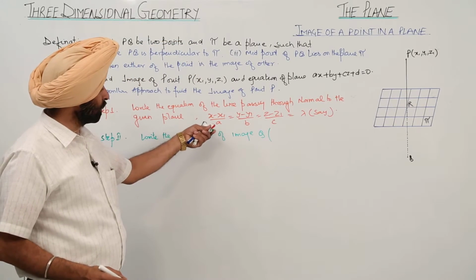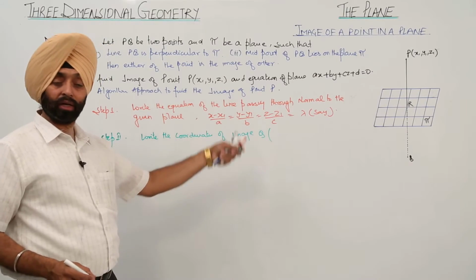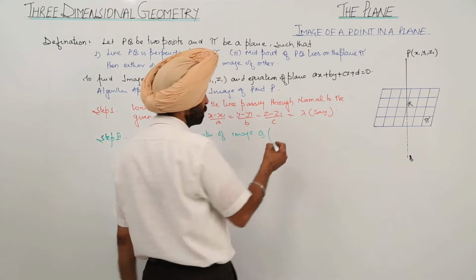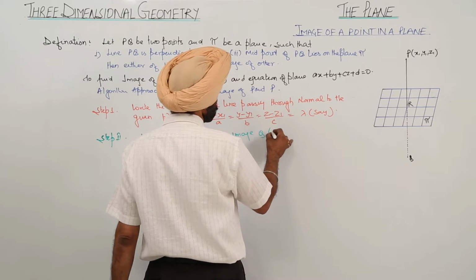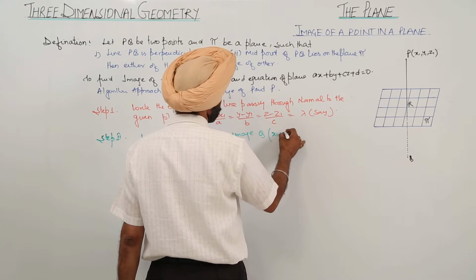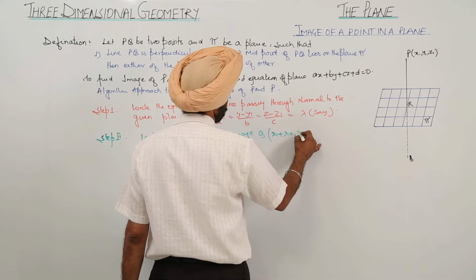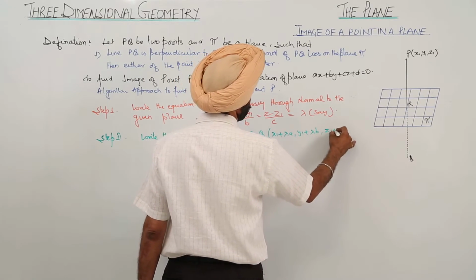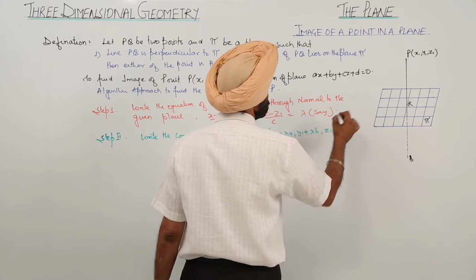So x is equal to what? x1 plus lambda a. Either you can write it as a lambda plus x1. So we are writing x1 plus lambda a, y1 plus lambda b, and z1 plus lambda c.